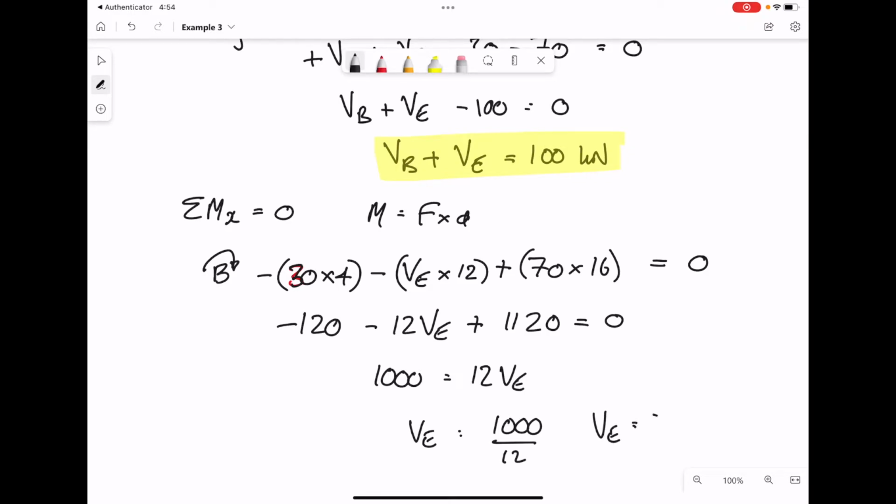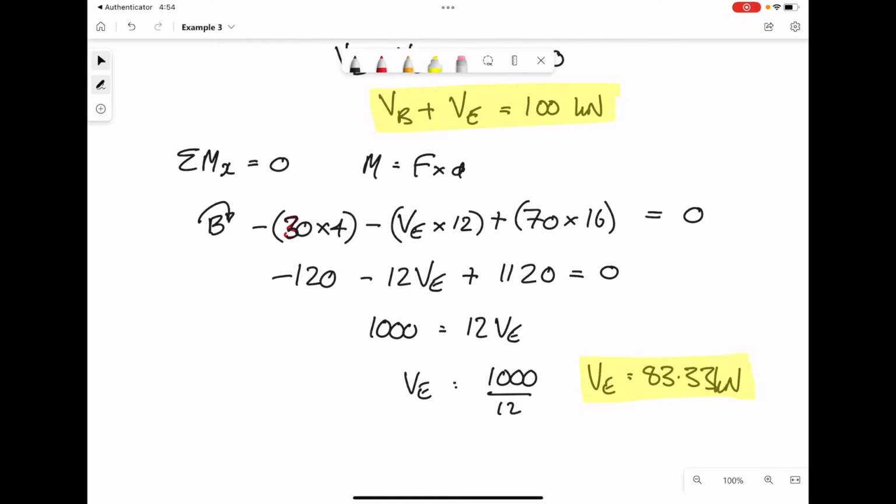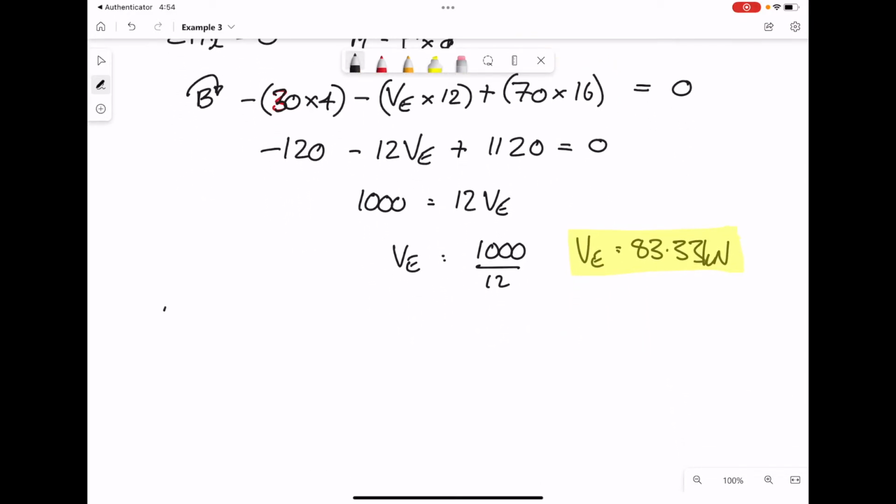VE is 83.33 kilonewtons. Now, using the previous equilibrium equation, VB plus VE equals 100, we can substitute in our value for VE, the 83.33, and rearrange our equation.